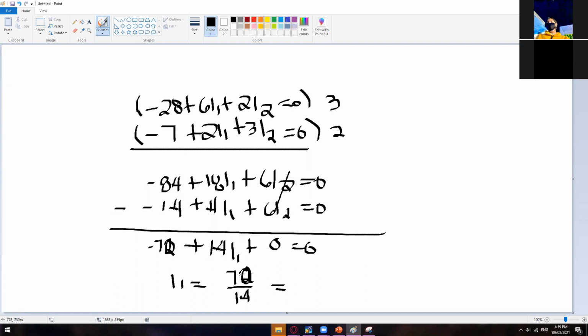So 70 divided by 14 is equal to 5. So there you go, you now have the current for I sub 1.